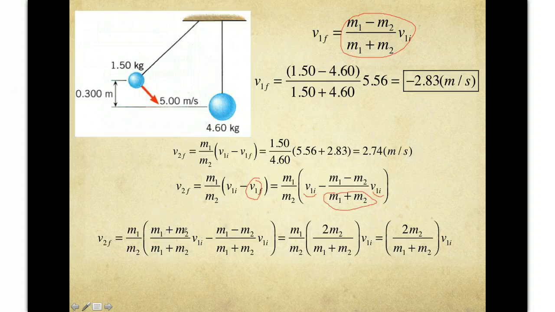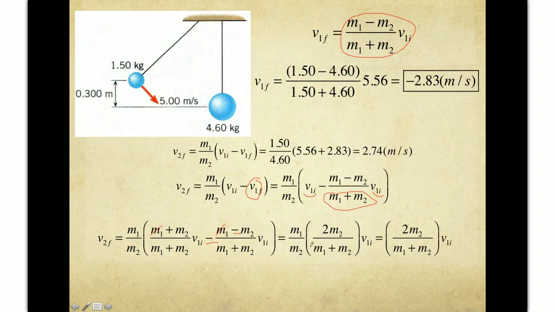What you see here is this is basically 1. And then, since it's the same factor, you can see that M1 subtracts from M1. And then this guy, that's a minus, and that's a minus, so that becomes a plus. So that's how you end up with 2M2, and then M1 plus M2.